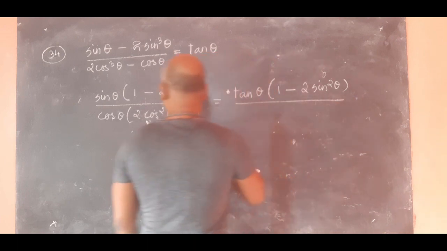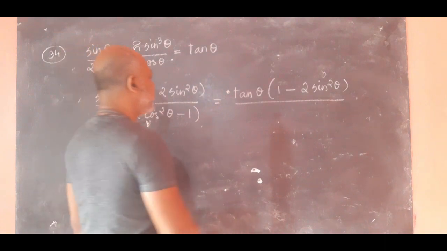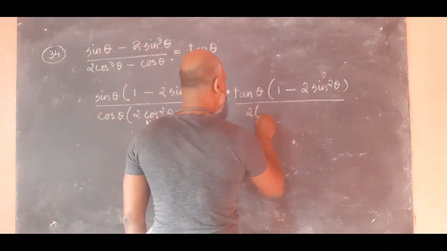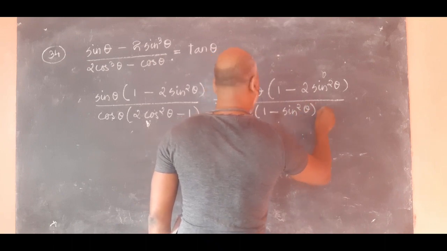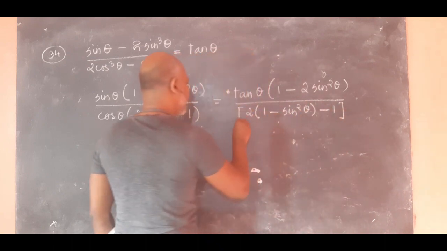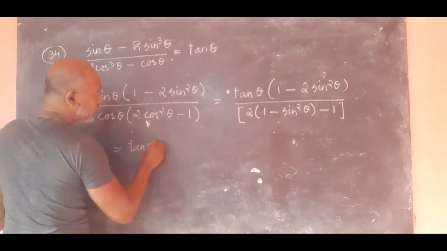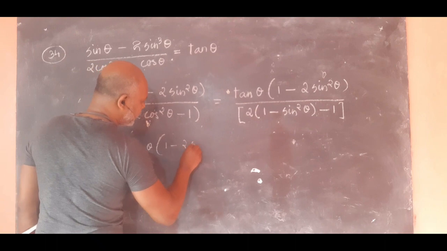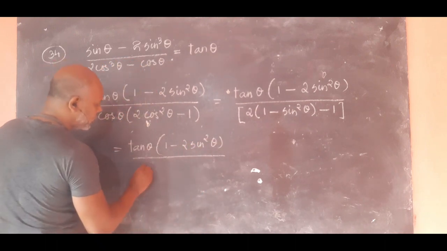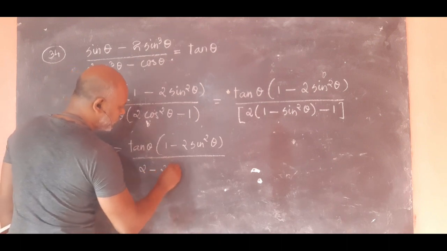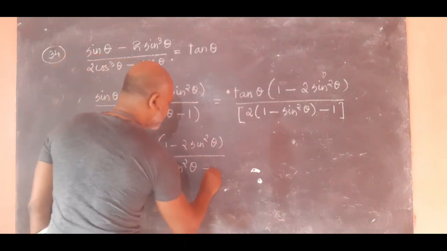In the denominator, I write 2 cos square theta in the form of sin square theta. So in place of cos square theta I write 1 minus sin square theta, and then minus 1. So it will be tan theta into 1 minus 2 sin square theta divided by 2 minus 2 sin square theta minus 1.